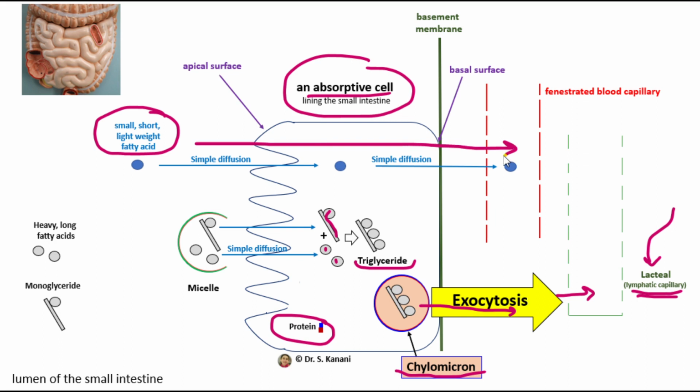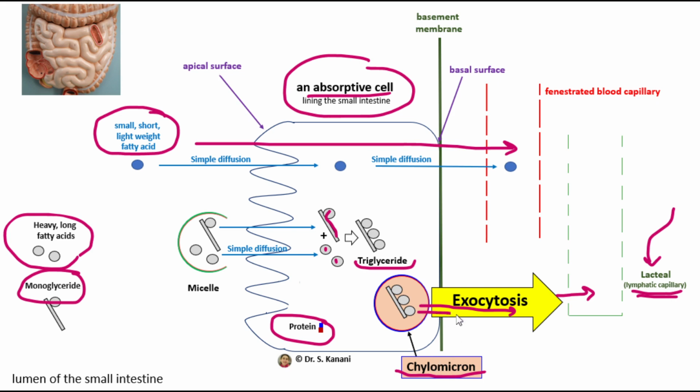So the difference here is that if we're absorbing a short, small, lightweight fatty acid, the absorption is entirely passive and would be directly into blood. But when it comes to heavy chains of fatty acids or monoglyceride, as you see, we have to form micelles by getting help from bile salts in the lumen of the small intestine, and then inside the absorptive cell we form triglyceride that aggregates with phospholipid, cholesterol, and proteins built by the epithelial cell to form chylomicron.